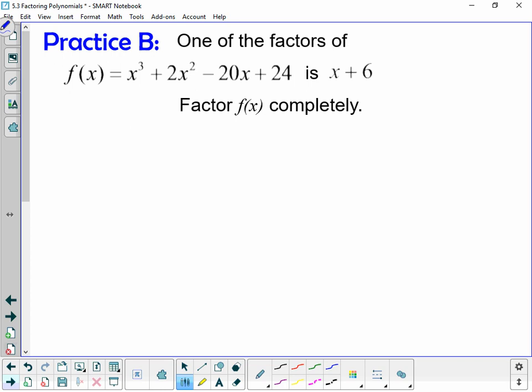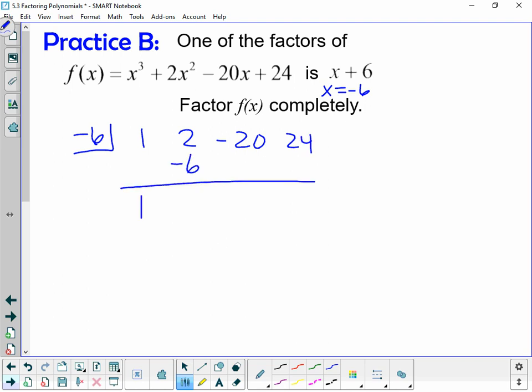Okay, this one was for you to try. I'll go ahead and do it now. We know one of the factors is x plus 6, so we're going to use the 0, negative 6. We drop it down, we multiply it, we add it up, we multiply it, we add it up, we multiply it. We got 0, just like we were expecting, because we knew x plus 6 was one of the factors.